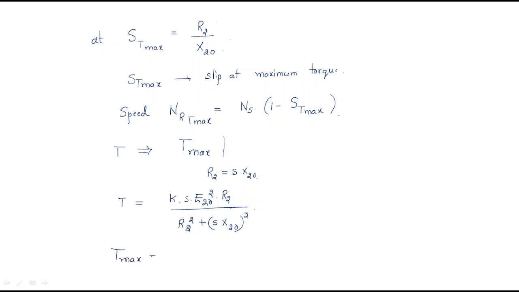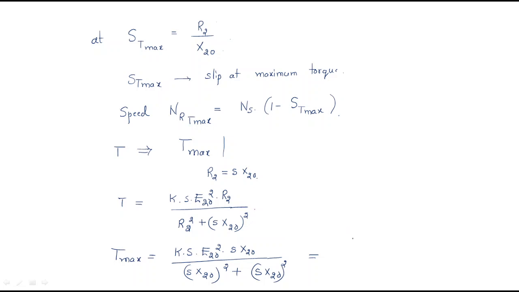Just replace R2 wherever it appears with S x2 naught, then it will become K S and E2 square. R2 is S x2 naught, so R2 square plus x2 naught square becomes S square x2 naught square plus x2 naught square.